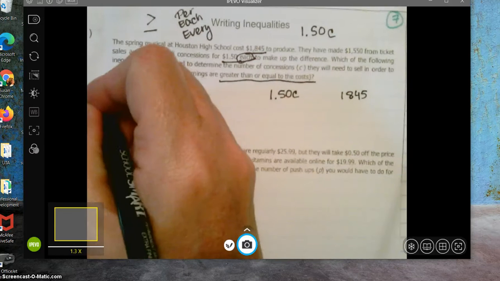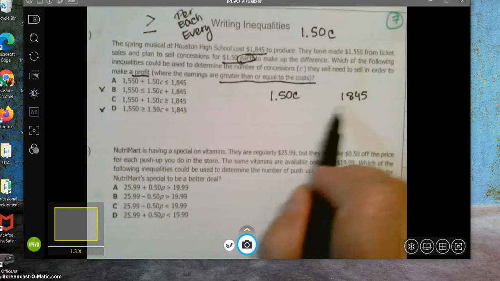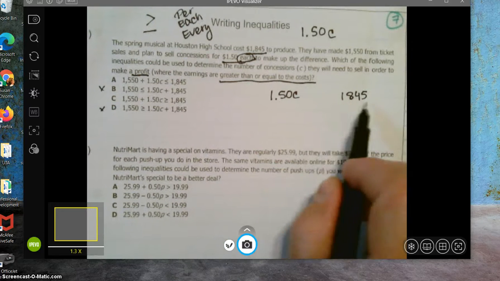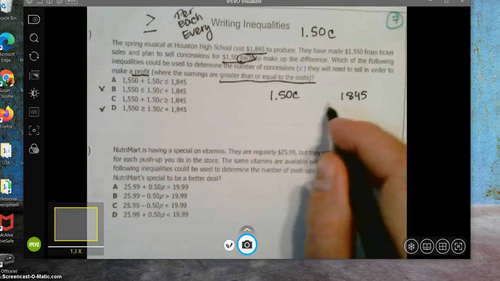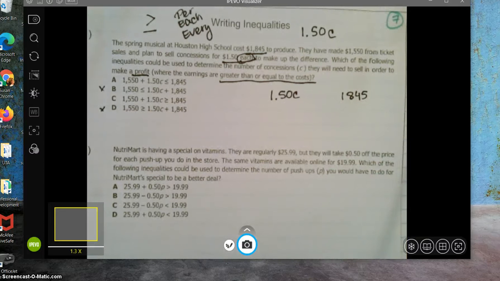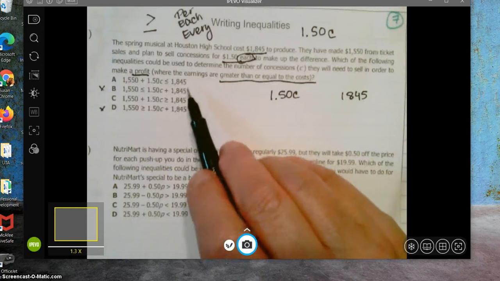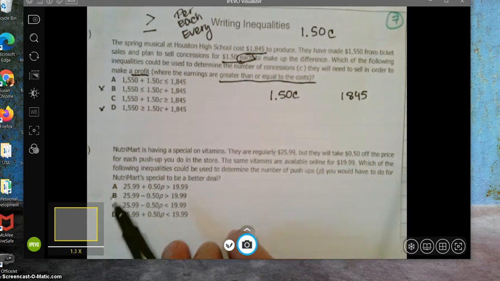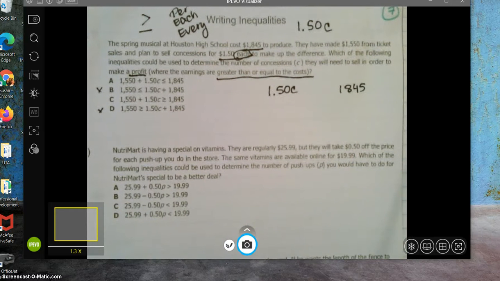And this one is not going to be right because this should be my end point, okay? That should be my end point. So I should have my sign somewhere here, the equal to sign or the greater than or less than. So based on that, my end point should be alone. It should be 1845, okay?